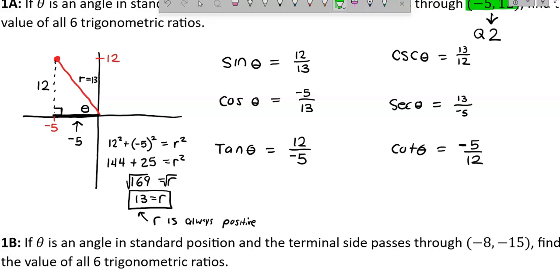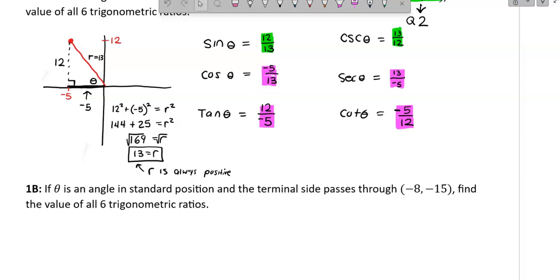One thing to note is that the sine value ended up being positive as well as cosecant, and our cosine and tangent, as well as their reciprocals, were negative. So we now have to deal with the idea that sine, cosine, and tangent may be positive, and sometimes they might be negative. We're going to talk about that at the very end of the video.